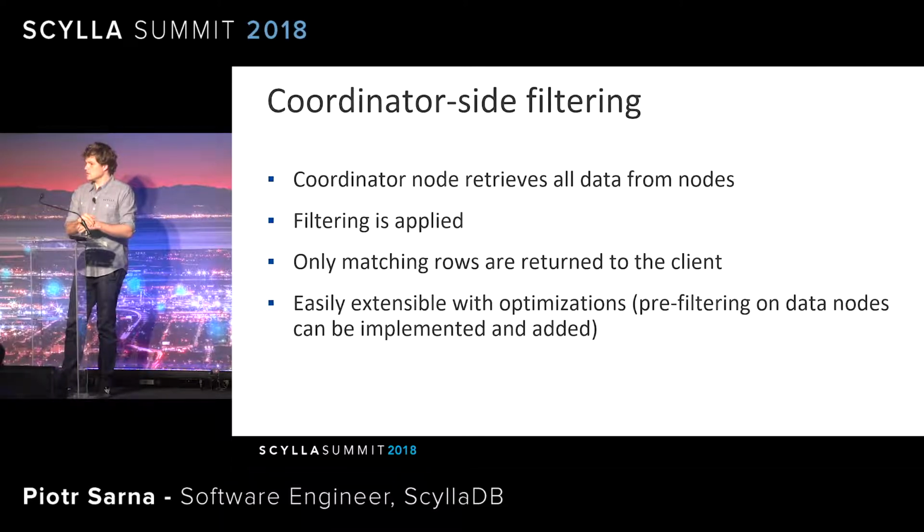There's nice room for optimizations here, because we could potentially send some of the restrictions down to the replicas so they could pre-filter our results, so the coordinator has less work and we send fewer rows over the network. But the base implementation just assumes that the coordinator will do all the dirty work and filter everything.